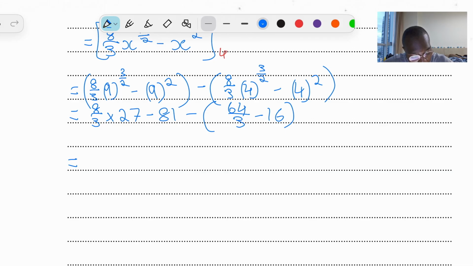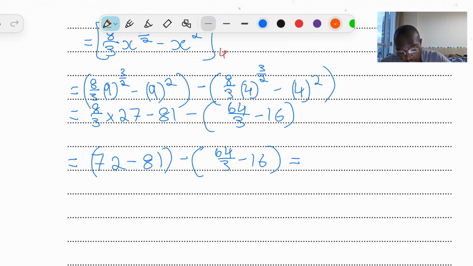So 8 over 3 times 27, that's 8 times 9. So that's 72 minus 81. And then minus that 64 over 3 minus 16. Which if you work that out, you get minus 43 over 3, which is perfect because we should get a negative because it's underneath the x-axis.